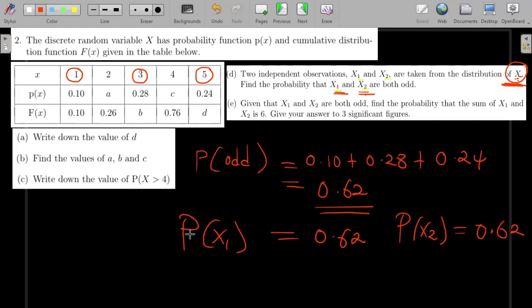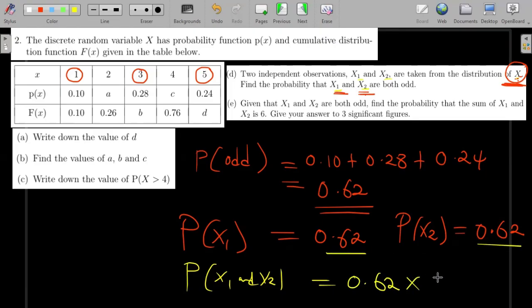Okay, and now to find the probability that X1 and X2 are both odd, we're just going to multiply the probability of X1 and X2. So it will be 0.62 multiplied by 0.62. When we punch this into the calculator, we're just going to find 0.3844.